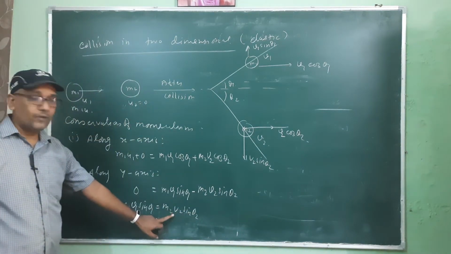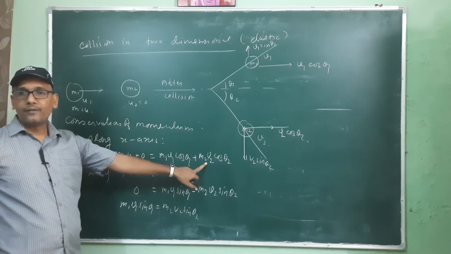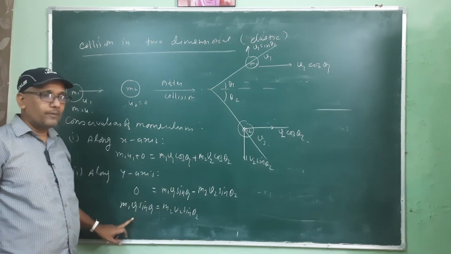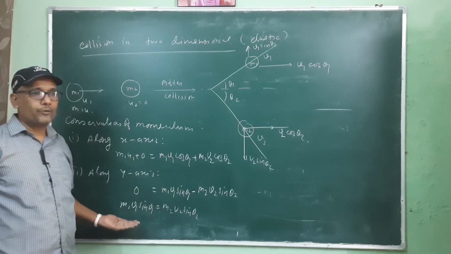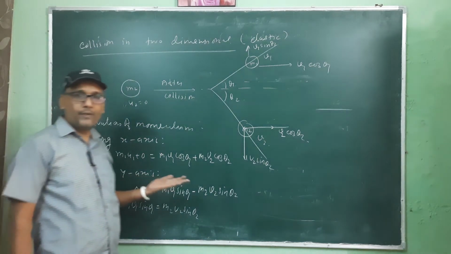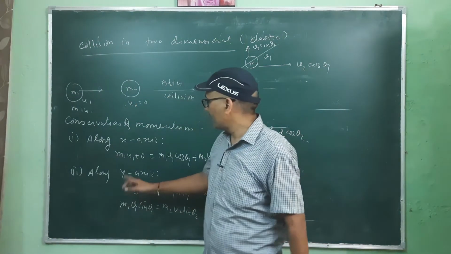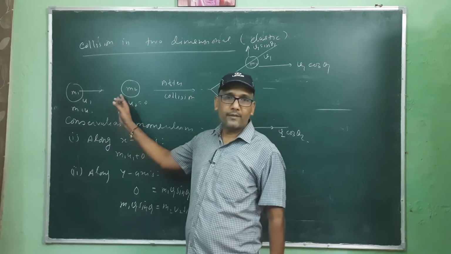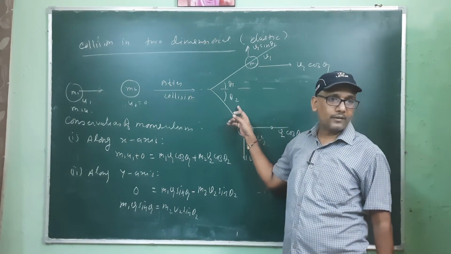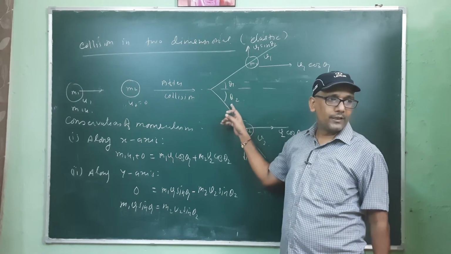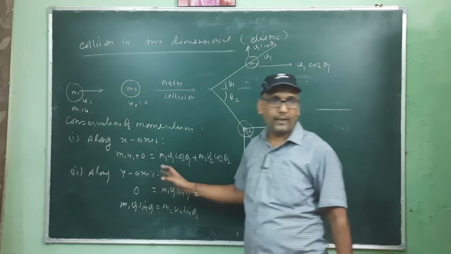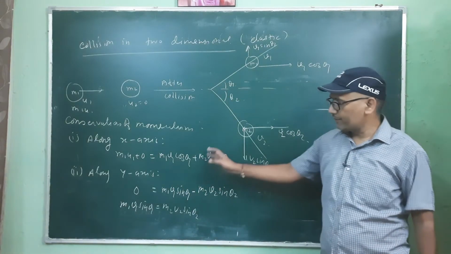Solve it for v2 and put it in the other equation, or solve for v1 and put it there. We calculate v1 and v2 in terms of the initial velocity u1, which is always given, as well as theta 1 and theta 2 and the masses m1 and m2. You can calculate v1 and v2 by using these two equations.